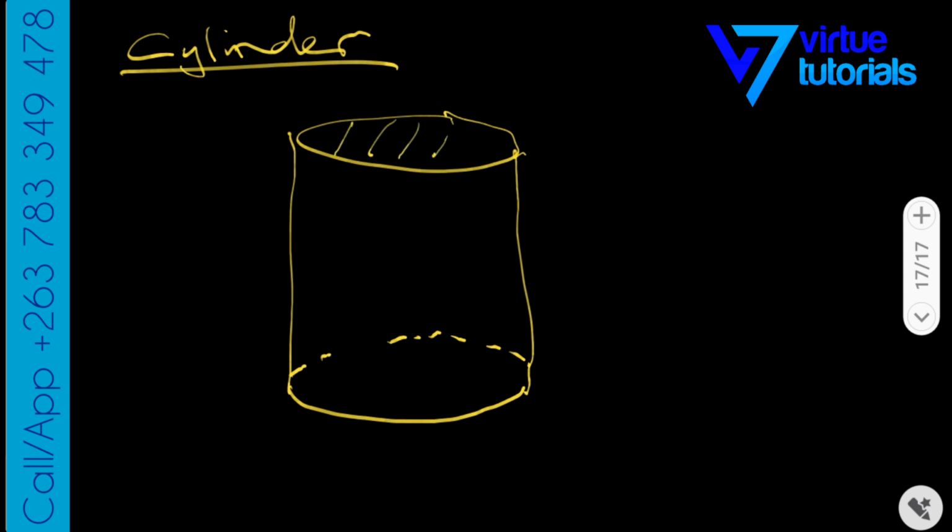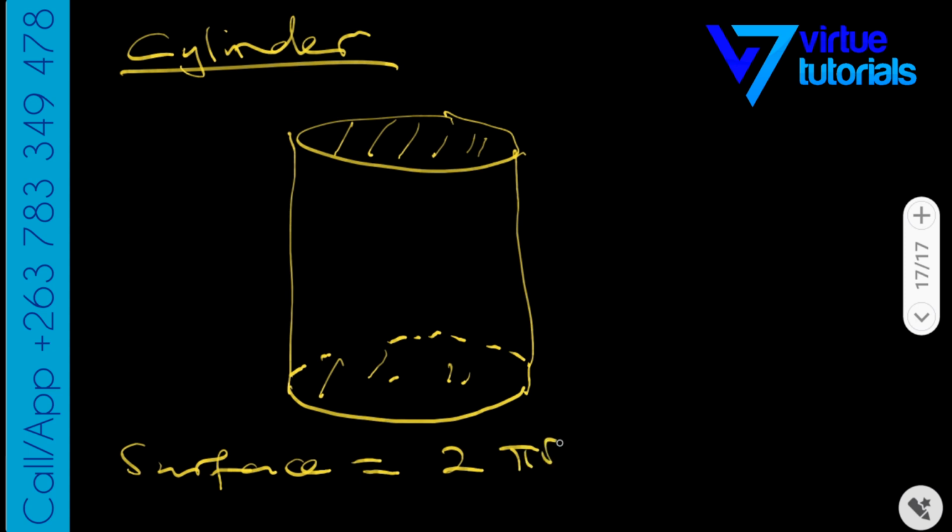So it's got the top part, the bottom part, and then the curved part. The top part is a circle and the bottom part is also a circle. So the area of 2 circles will be 2 times the area of 1 circle. Area of a circle is pi times the radius squared. So 2 of those circles, their area will be 2 times pi r squared.